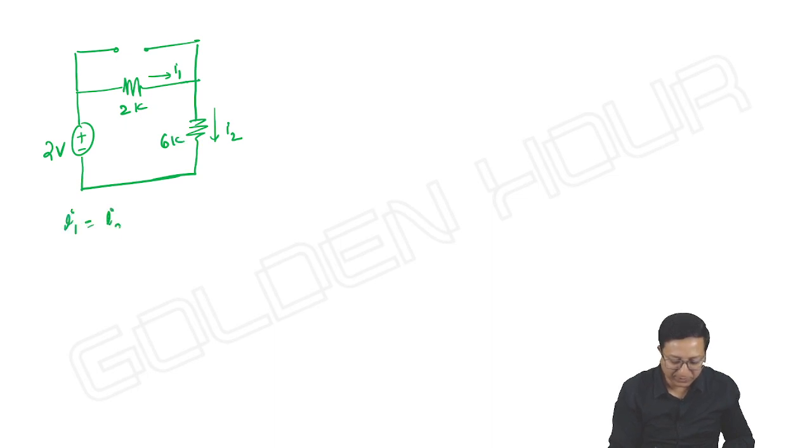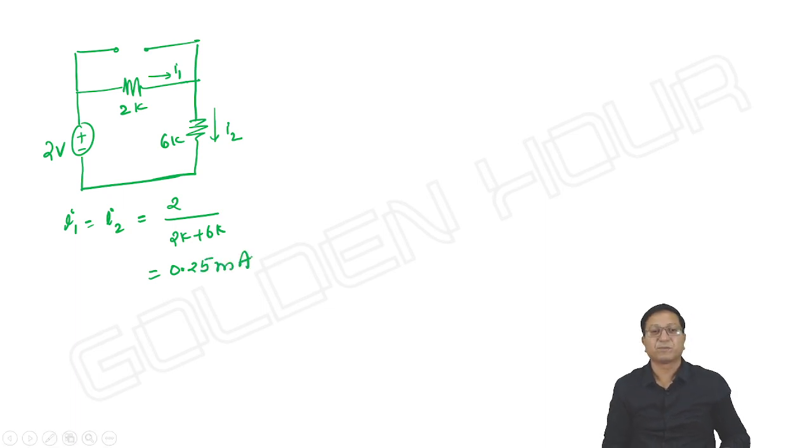I1 is equal to I2 is equal to 2 volts by 2K plus 6K. It is 0.25 milliampere. That's it.